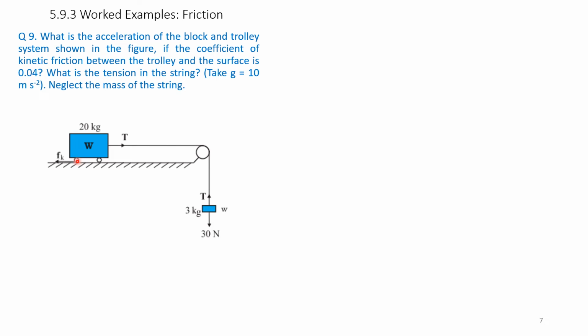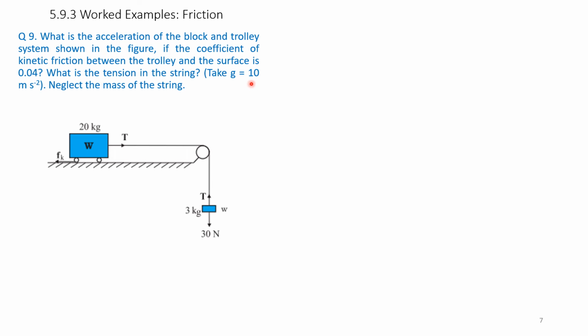What is the tension in the string? So we have to find the tension in the string. This is the string attached to a pulley, and a 3 kg weight is attached to it which goes downwards.